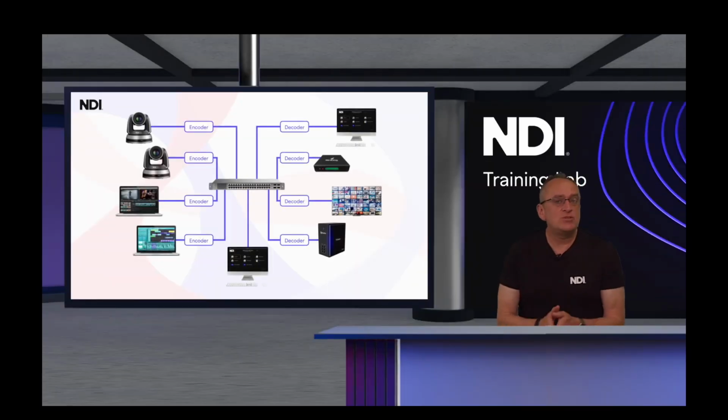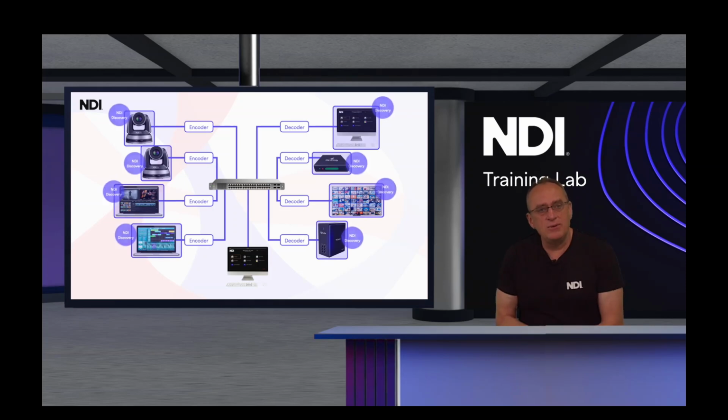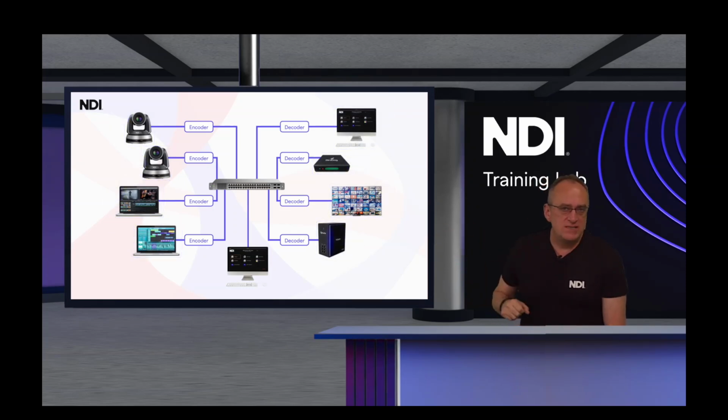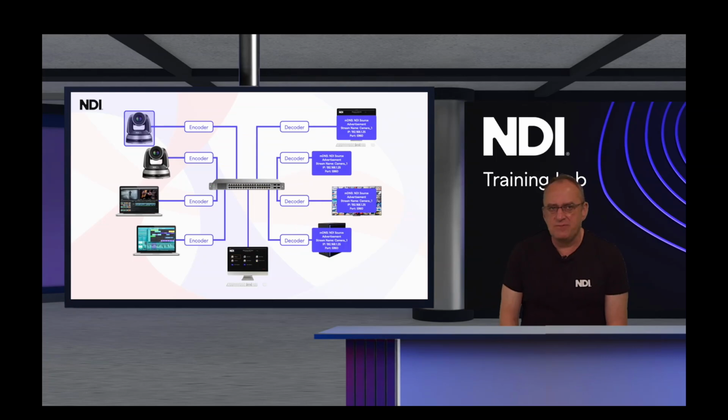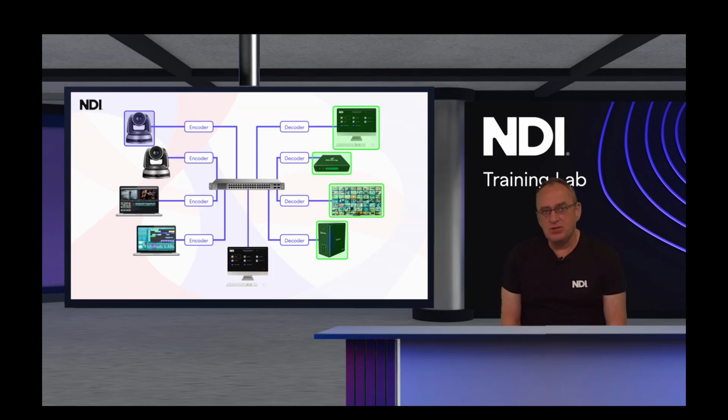NDI discovery allows devices to identify and communicate with each other automatically. Now, when an NDI-enabled transmitter comes online, it announces its presence using mDNS by broadcasting service advertisements on the local subnet. Receivers listen to these advertisements to build a registry of available sources.